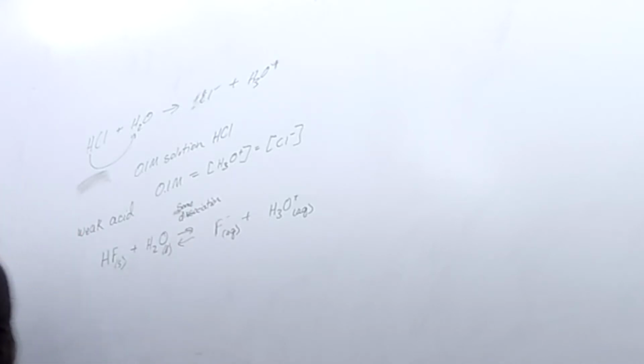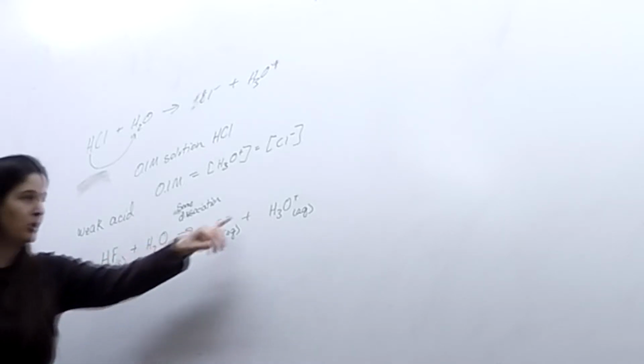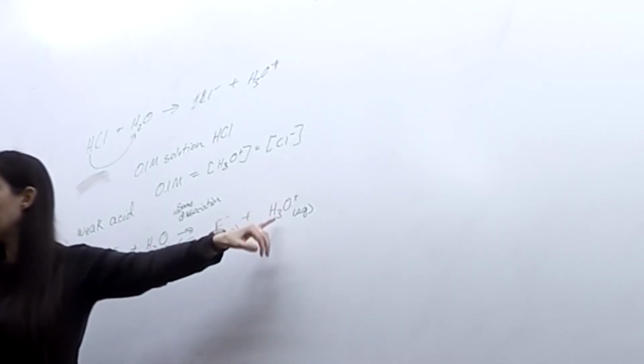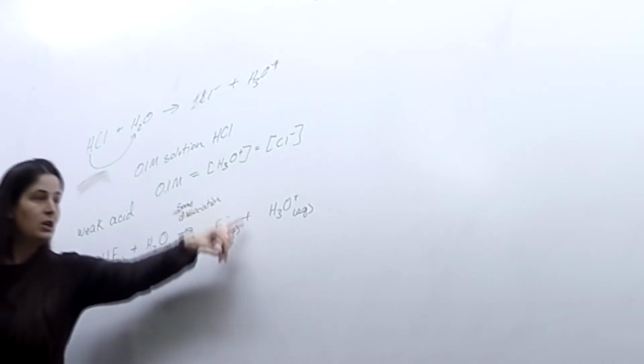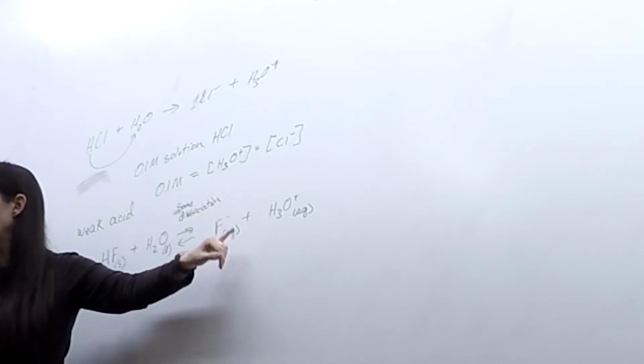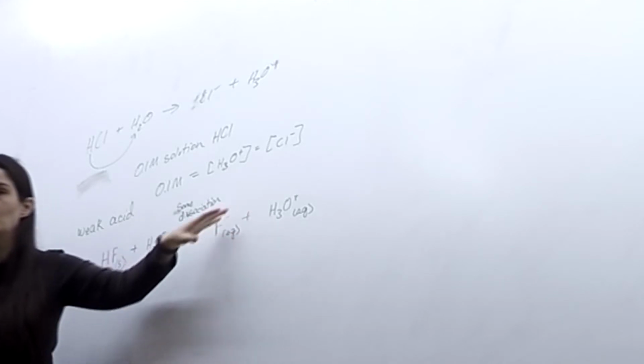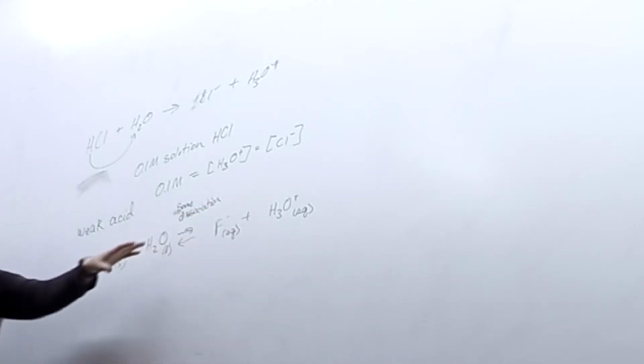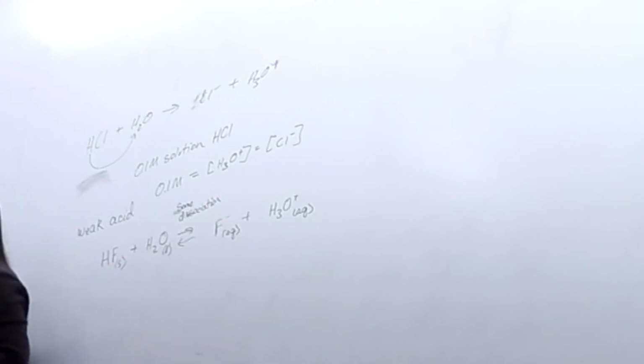So this is an equilibrium equation because when this reacts with water, it breaks down into ions, and the ions can reform because the fluoride does not get completely solvated in water, so it is open to recombine with the H3O, reforming water and the HF. So these are working at the same time, one going forward, one in the reverse, so we do have an equilibrium working here.